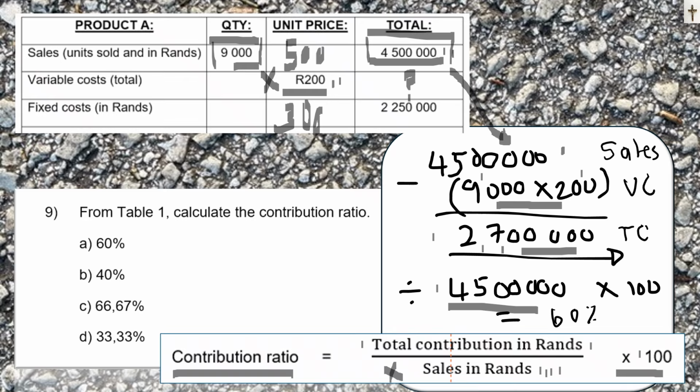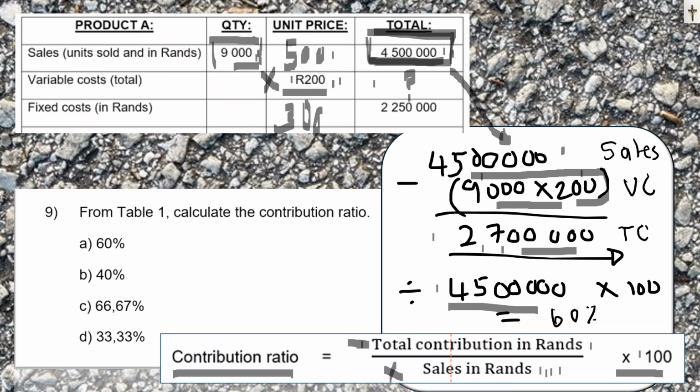So let me go through that again. I first calculated the total sales: 9,000 multiplied by 500 is 4.5 million. Then I needed the total variable cost, which was 9,000 multiplied by 200.